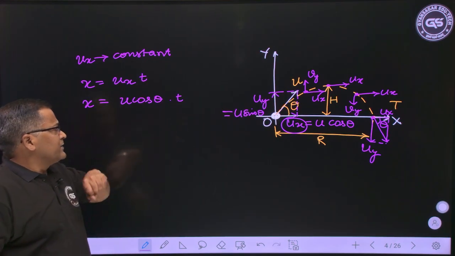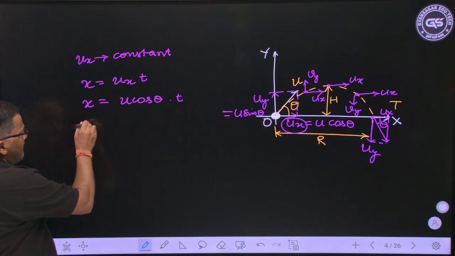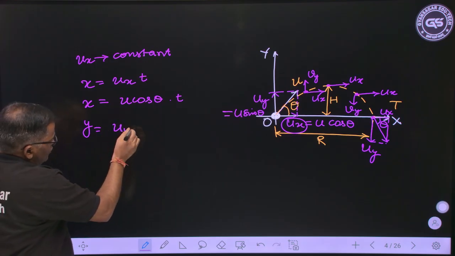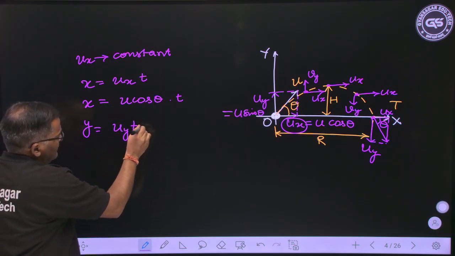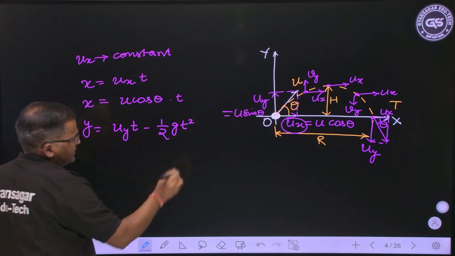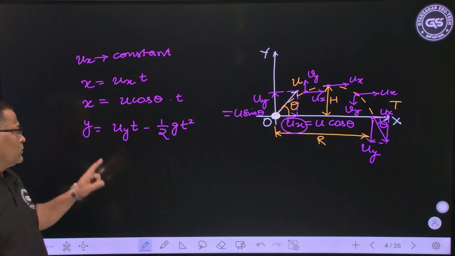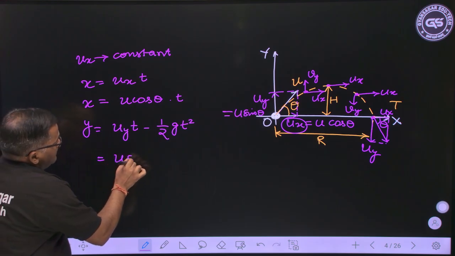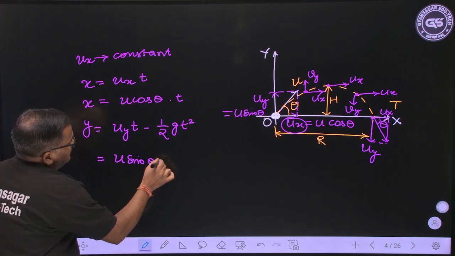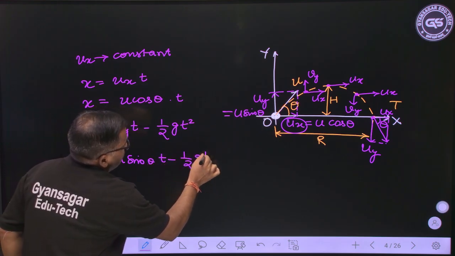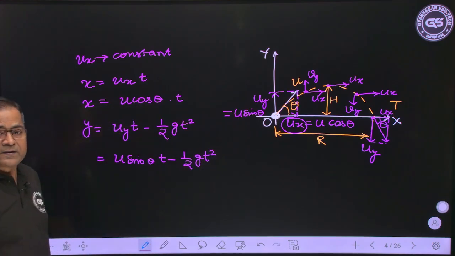Now how to find its y coordinate? Y coordinate will be equal to uy t minus half gt square. So uy t is u sin theta t minus half gt square.